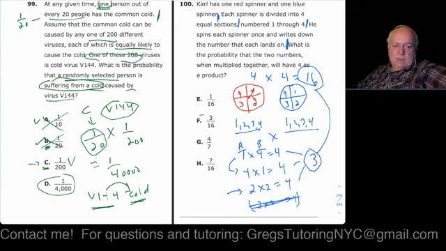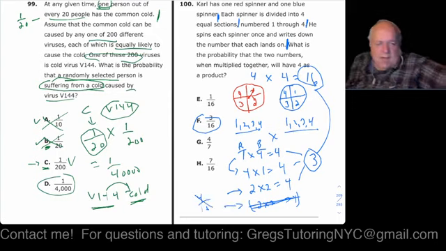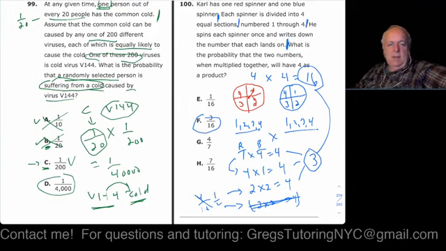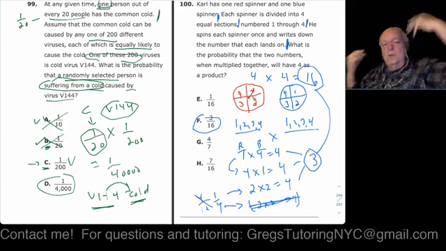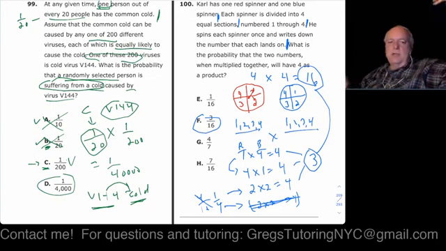And for those who made the mistake of including this, you'd have gotten 4 out of 16. That's not a choice because they would have made it 1/4, but they don't even give you that possibility. It's not 1 out of 16. Logic that out. Use reason. Use your sanity check here. What is the probability that the two numbers from each respective spinner, when multiplied together, will have 4 as a product?